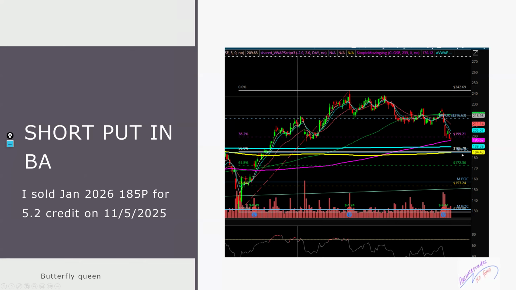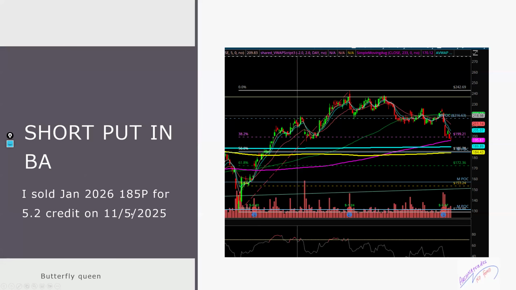So what I did, I sold 185 puts and I got a credit of $5.20. If we keep going down, which means it has to break the 200-day, it has to break the anchored VWAP, it has to break this other yellow line of mine, it keeps going down, that's when I get put the stock.